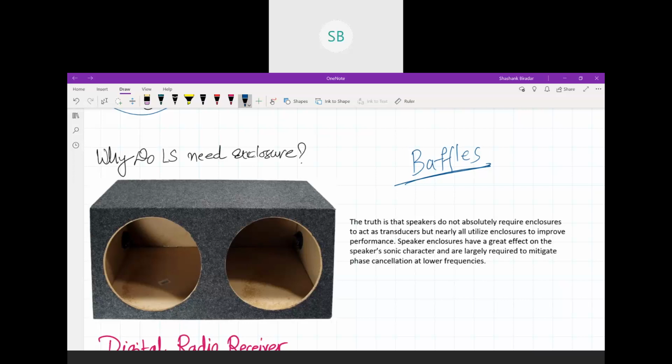Because if we don't have such categorization, all the frequencies come through only one speaker, and then we cannot have that much of the feel of music. So we have woofers, mid-range speakers and tweeters.